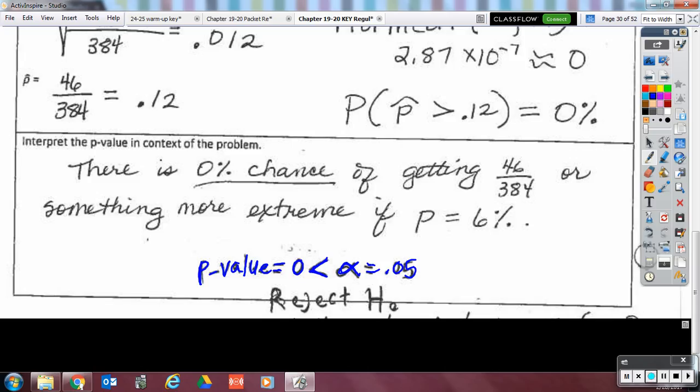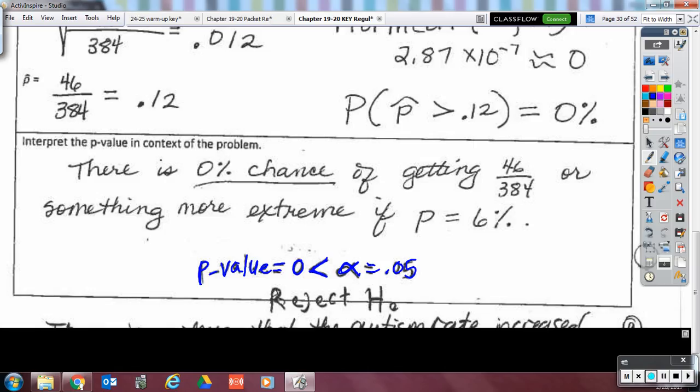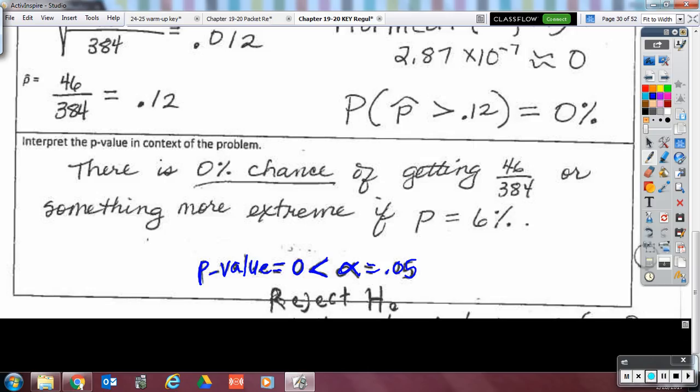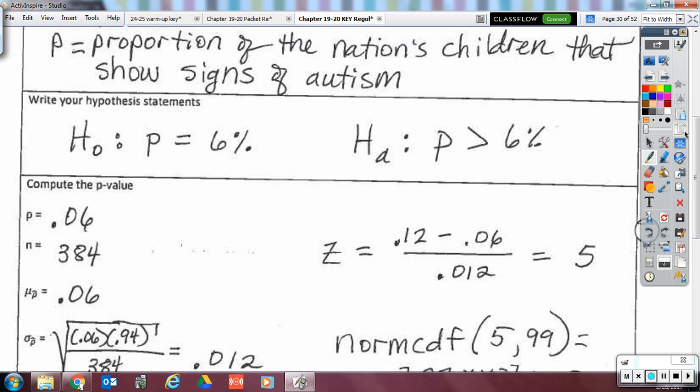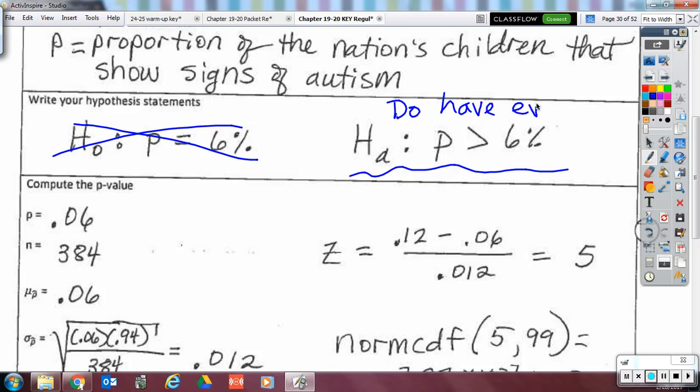Since our p-value is less than 0.05, I reject H0. So think about it. I am rejecting H0. Do I have evidence or do I not have evidence that the autism rate has increased? I do. So I do have evidence of this.